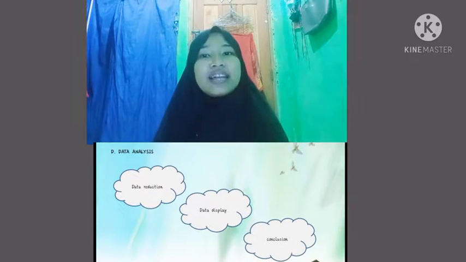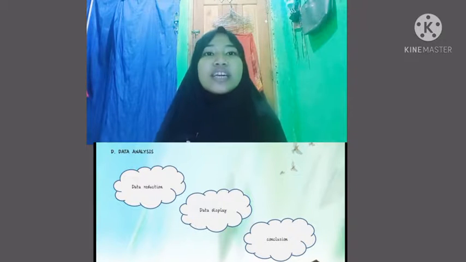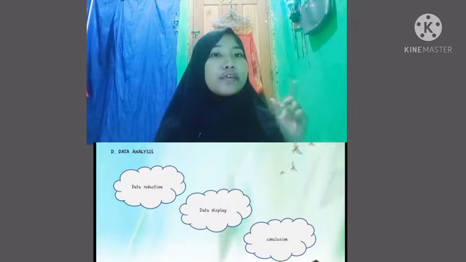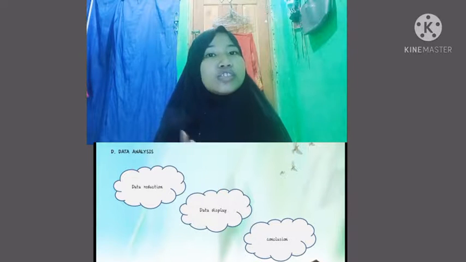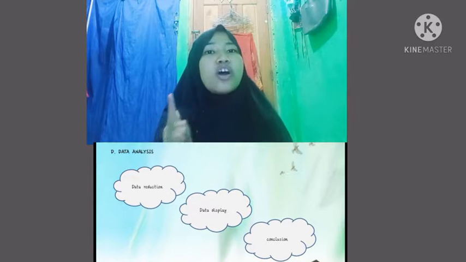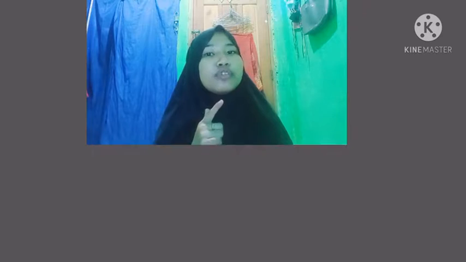And the last, conclusion. In this stage, the researcher makes a conclusion. The conclusion can be in the form of a text description. The conclusion is the answer to the research problem that has been formulated.